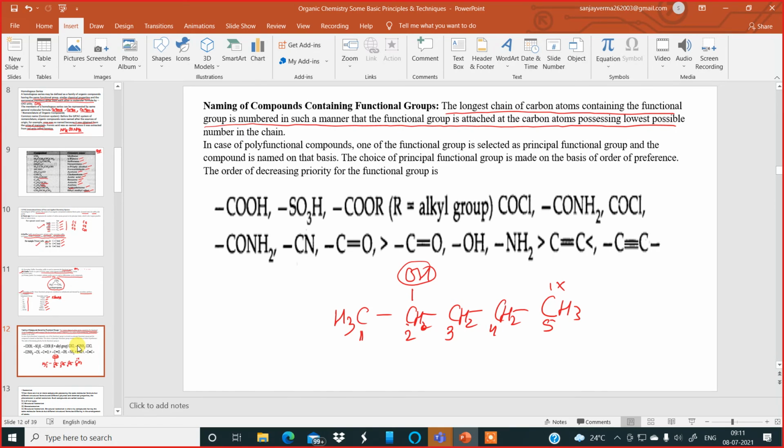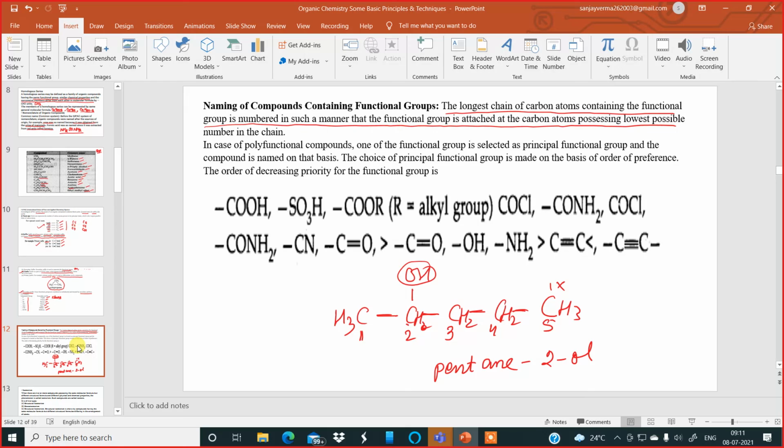So, the word root for this organic compound becomes pent because there are 5 carbon atoms. So, I write pent. And all these carbon atoms are linked to each other by single bonds. So, I write ane. And then the functional group is OH. So, pentane, it is 2-ol. Pentan-2-ol. There is no side chain branching.